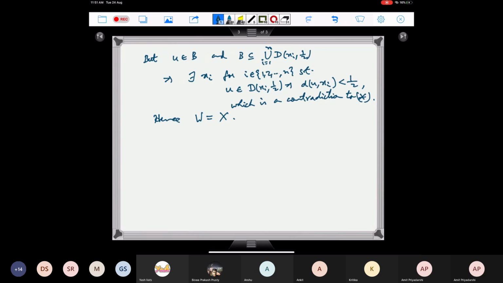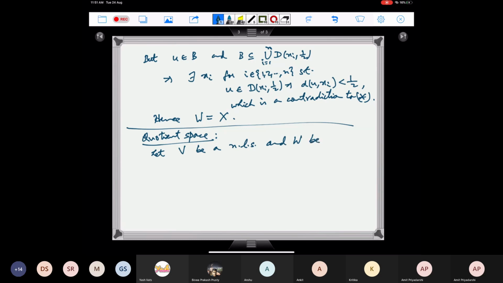So let V be a normed linear space and W be a closed subspace of V. So then we have this V mod W.